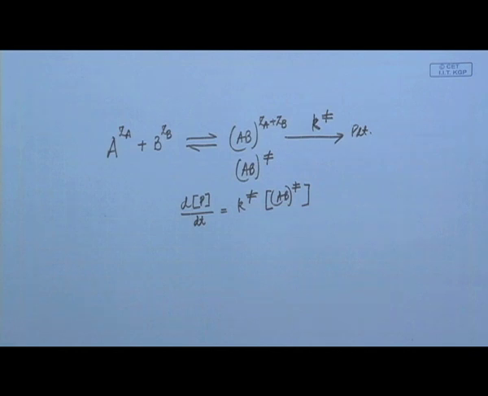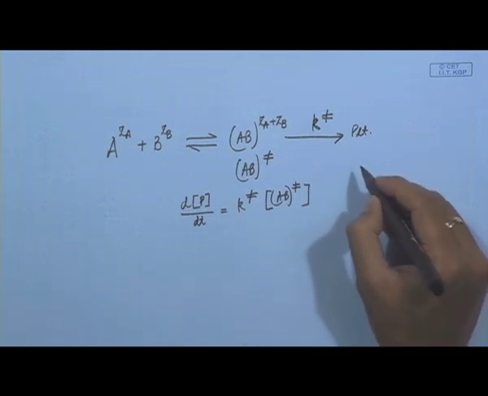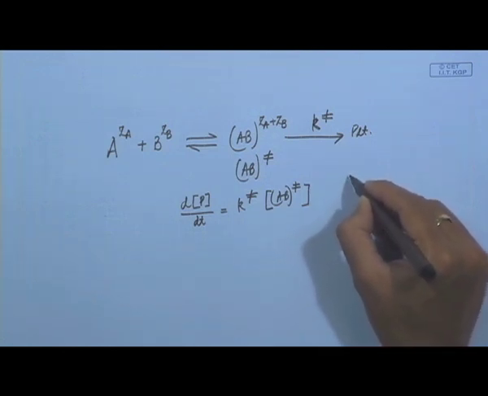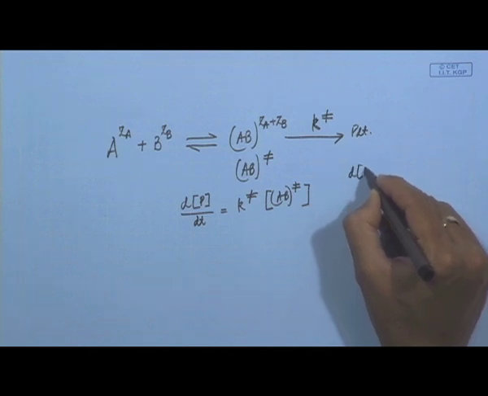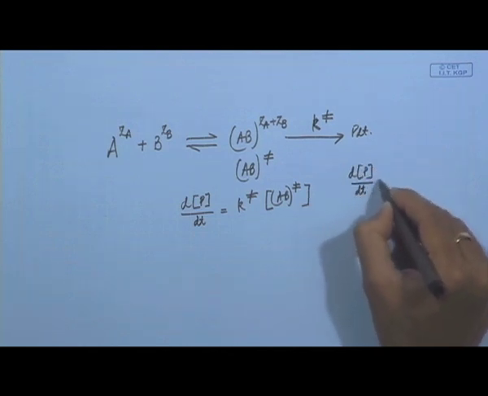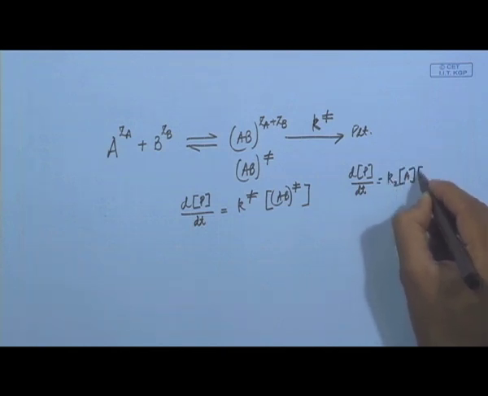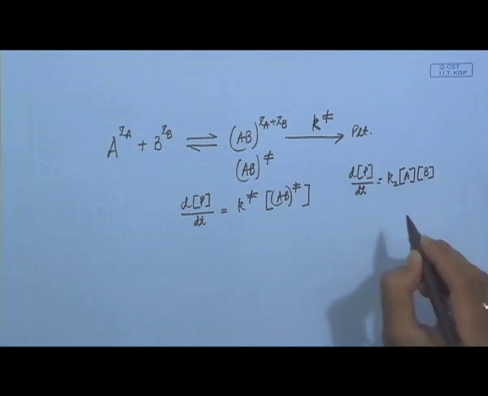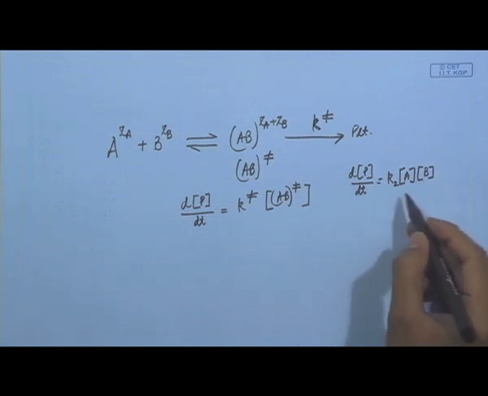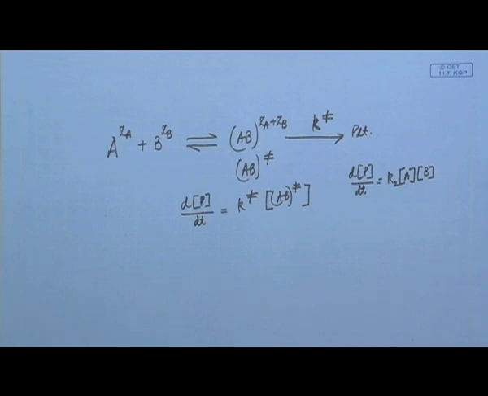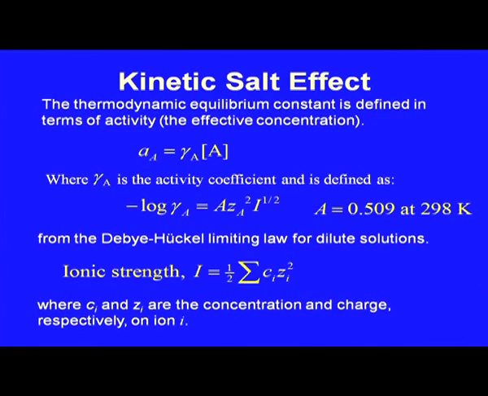Also, if it is a bimolecular process, the rate of formation of product dP/dt is equal to K2 times A times B, for A plus B going to products.